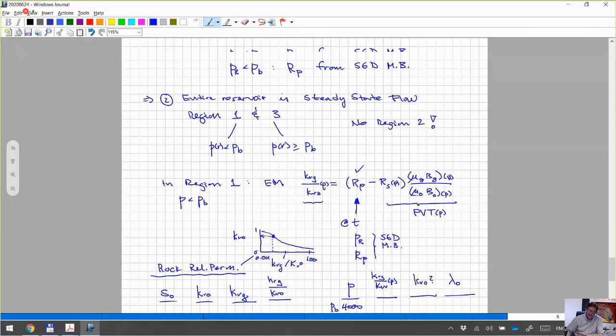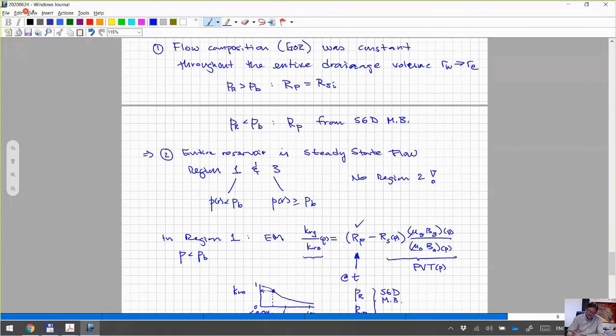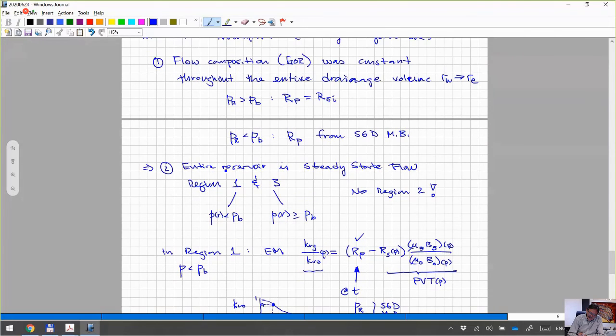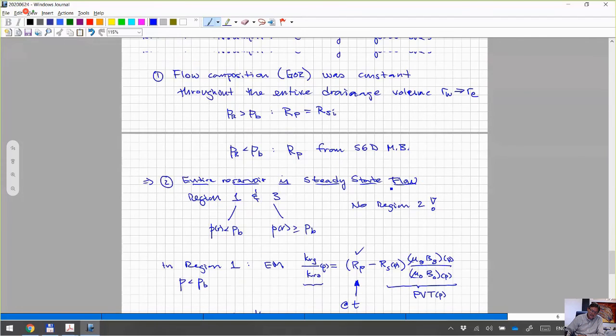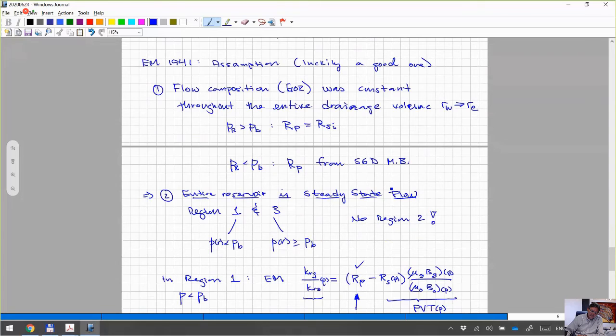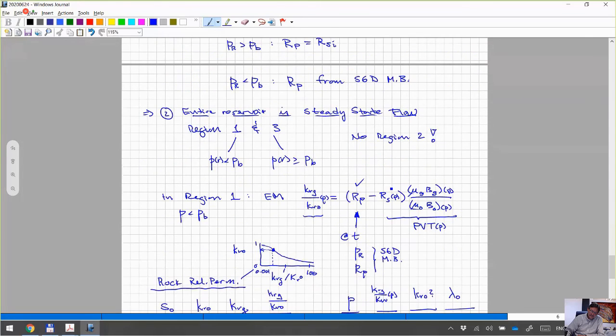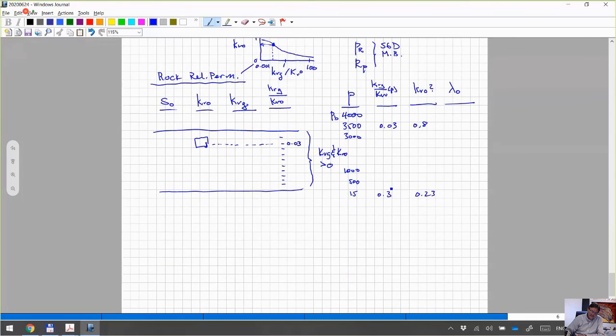So they make this assumption that the entire reservoir is under steady state flow. Flowing composition is the same everywhere, be it single phase or two phase. And it ends up that this theory is actually a very good theory, very, very applicable.